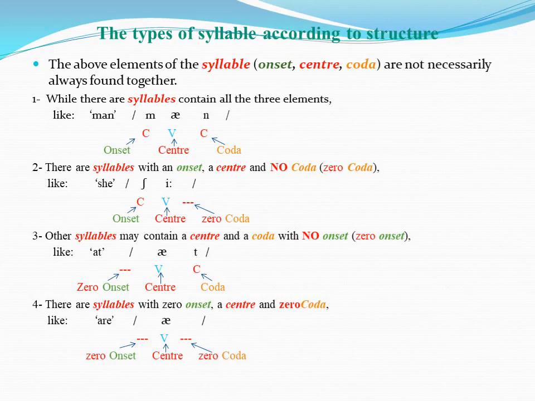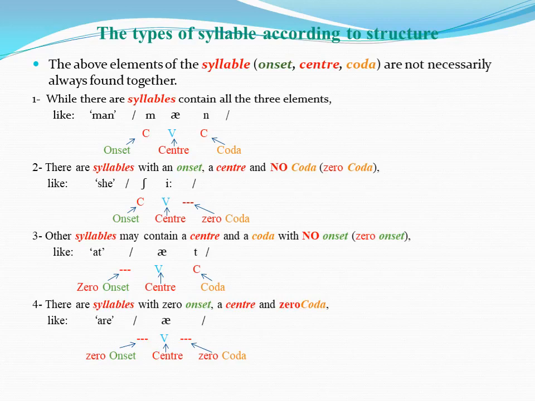A fourth type of syllables might contain a center with neither an onset nor a coda. Once again, some syllables may contain a center only.